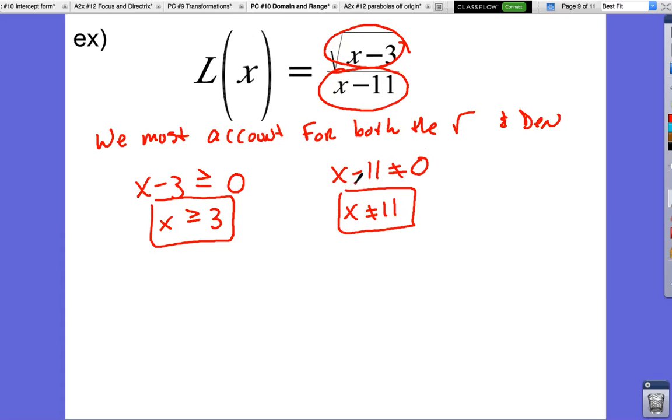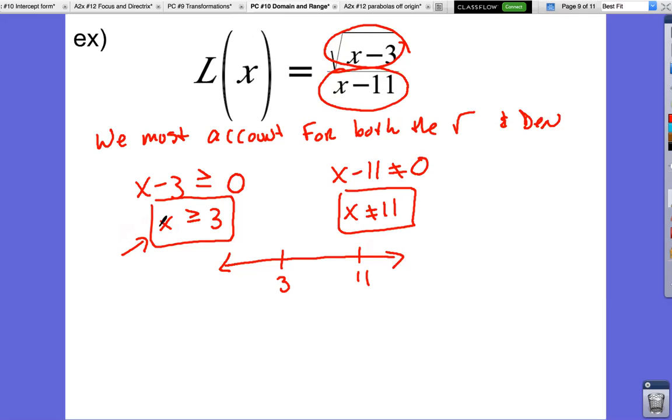Now, I was showing you guys the graph before, but I don't really care about the graph. I can do a number line if I want. Let's get rid of our range altogether. Now think about this. I've got 3 and I've got 11. Start with your smaller value.